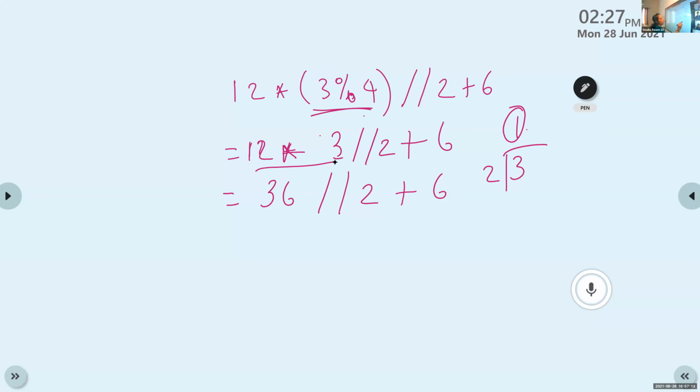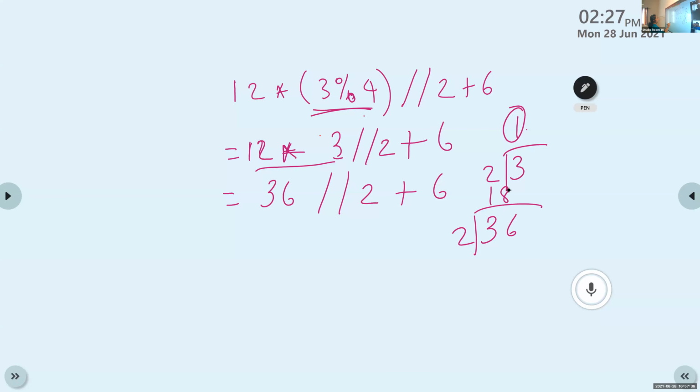Which one is the answer, Amal? 36 floor division 2. Divide 36 by 2. Irene: 18. Okay, 18 is the quotient.